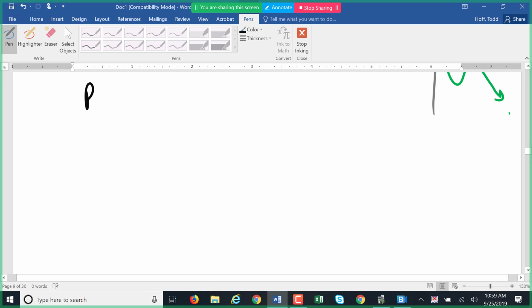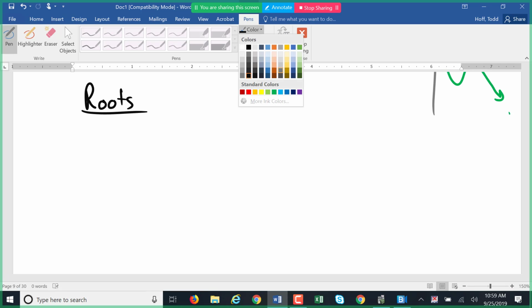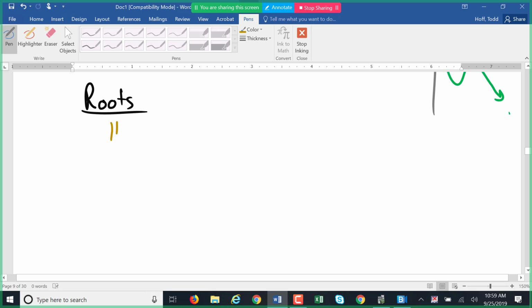Our roots. The number of roots is either equal to the degree or the degree minus an even number.